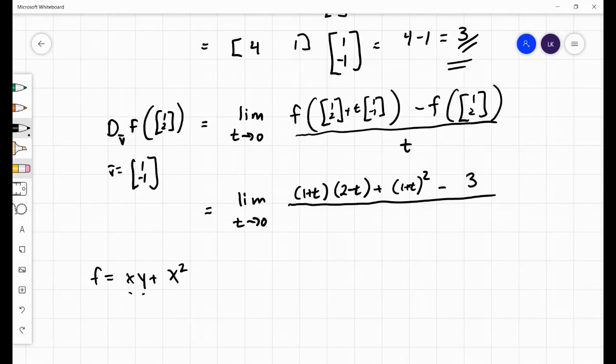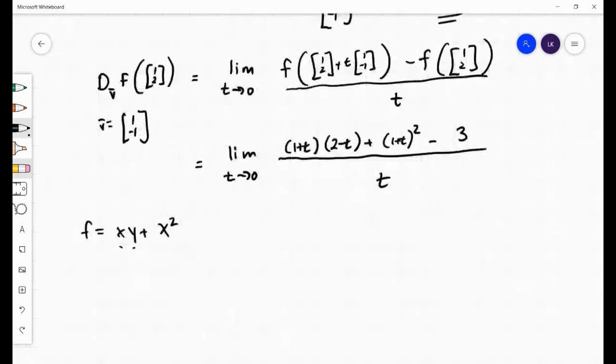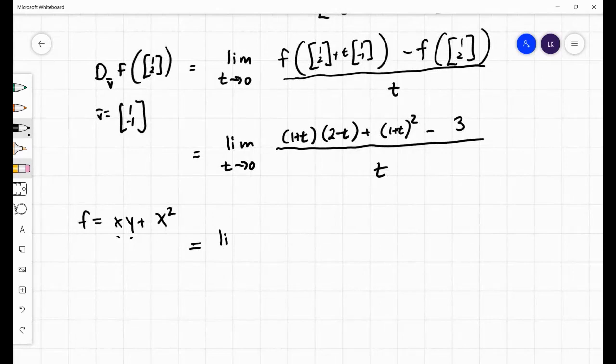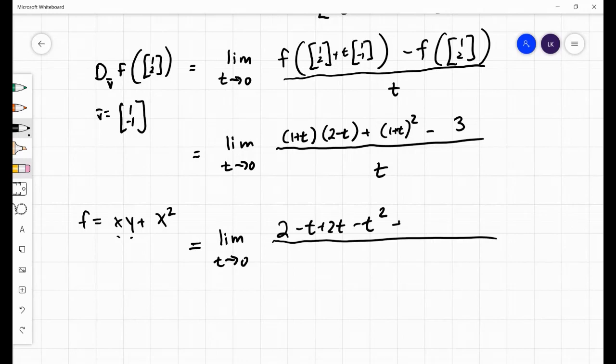So that's 3. We just multiply the business out. Okay, so that was all of this, and then minus our function at 1, 2.